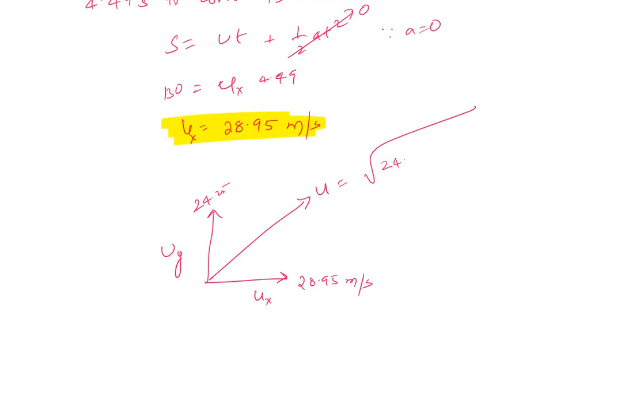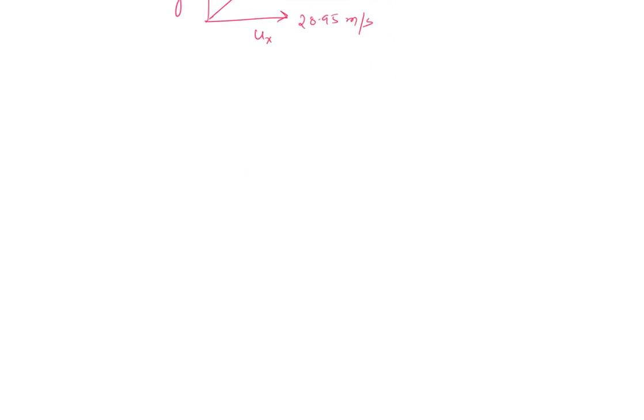So 28.95 squared plus 19.81 squared. So u is equal to 35.073 meters per second.